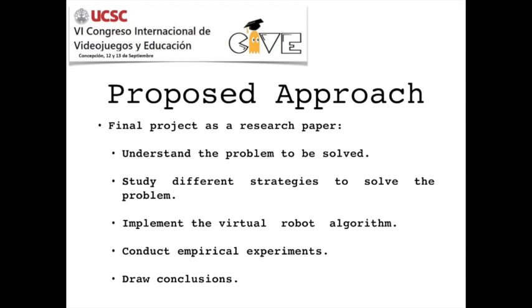So they think about the strategy, they draw the strategy, and they implement it in a robot algorithm. In the next step, they conduct empirical experiments, which we'll talk about later. And at the end, they need to draw conclusions about the experiments that were carried out.